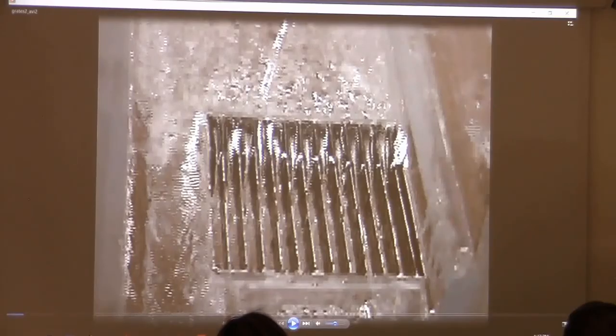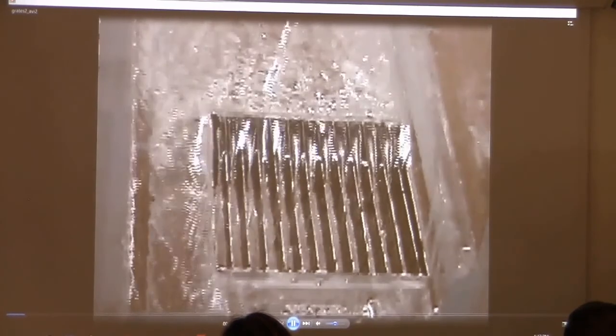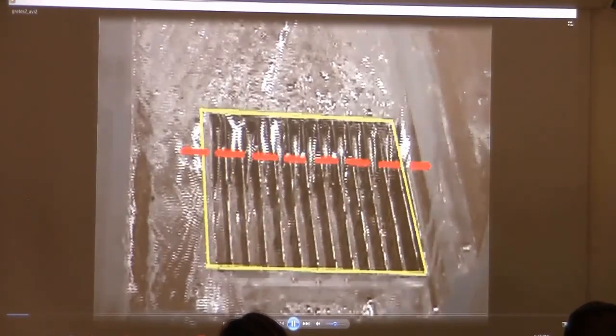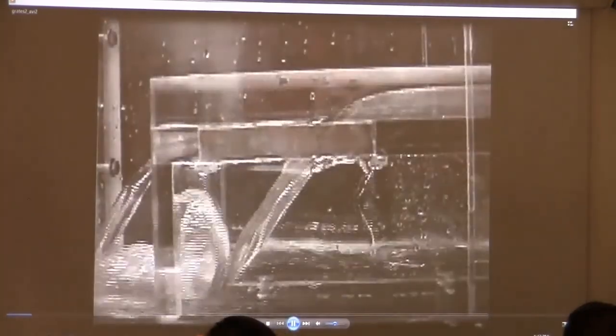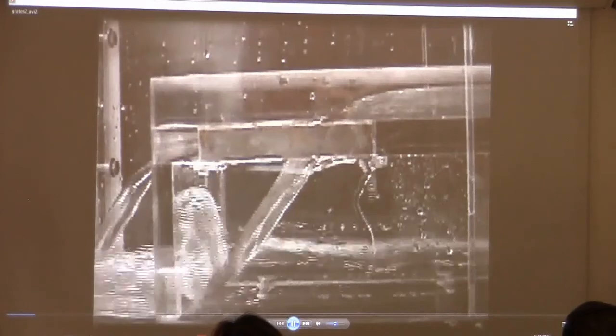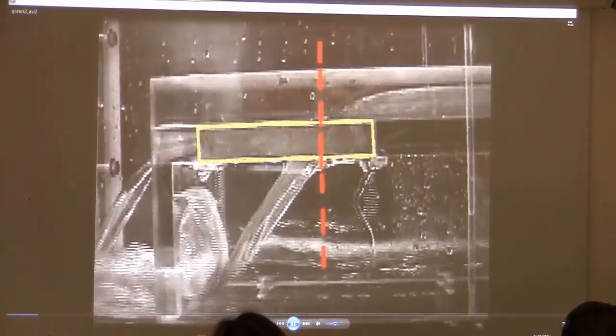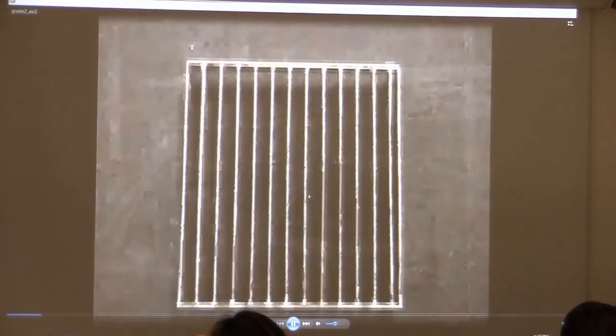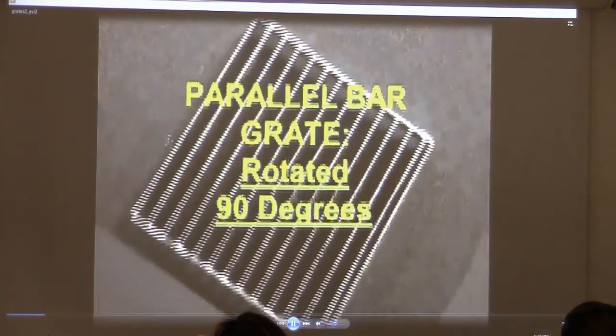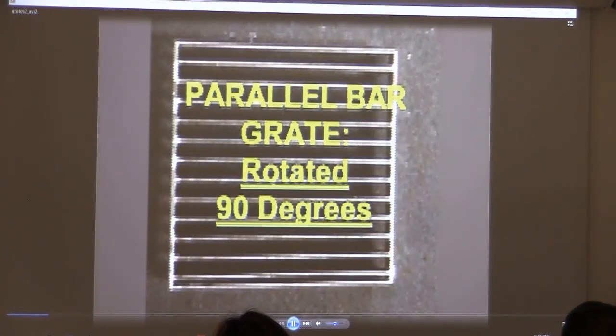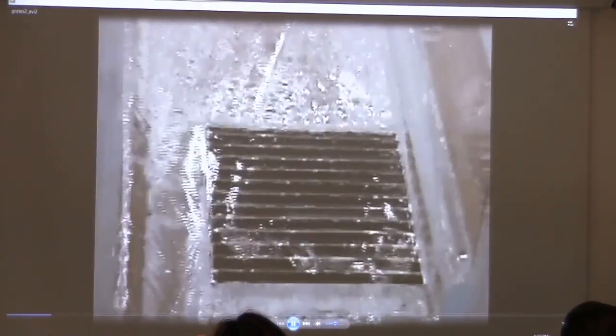So it's showing you the efficiency of these grates. I think that's good.